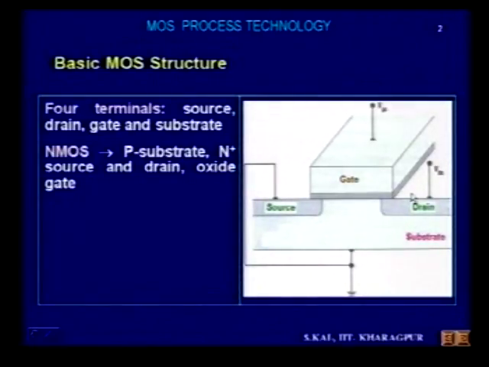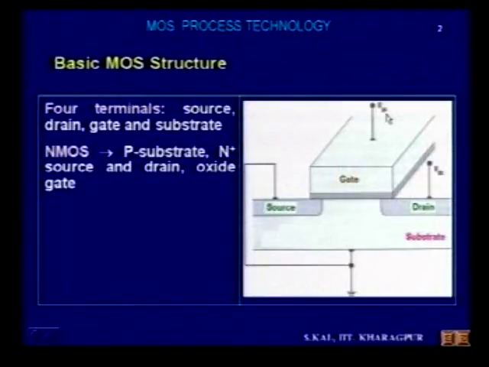Carriers will move from source to drain, and as a result you will get a drain current. That is the basic function of a MOS transistor. Unless you apply a voltage at the gate, and unless a channel is formed, the transistor is not conducting, isn't it?